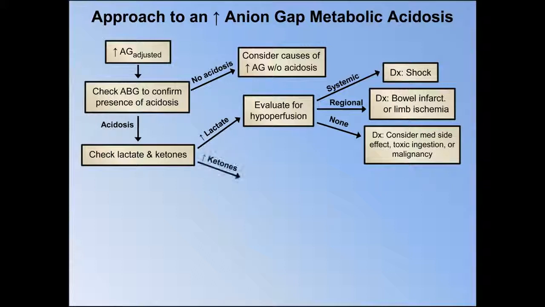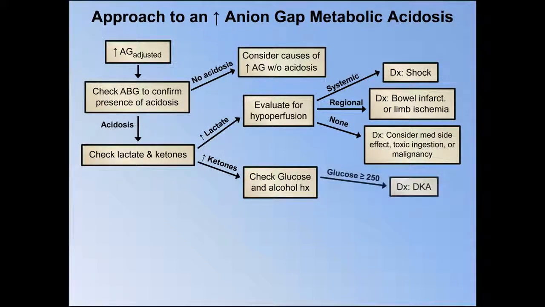If instead of an elevated lactate, ketones are present, and if the glucose is greater than 250, the patient likely has DKA, whereas if the patient is a heavy alcoholic, then alcoholic ketoacidosis is the probable diagnosis.